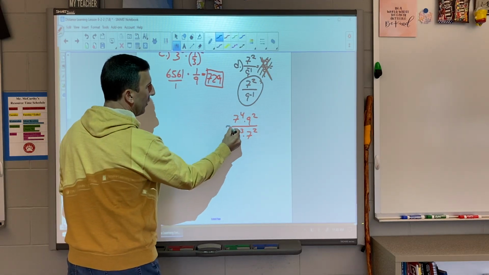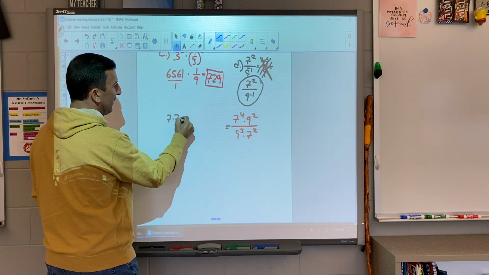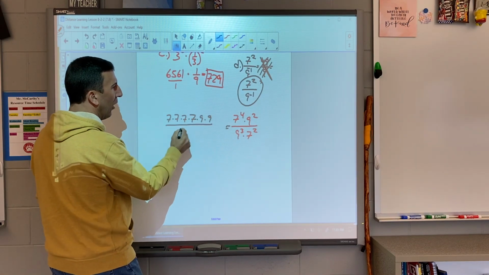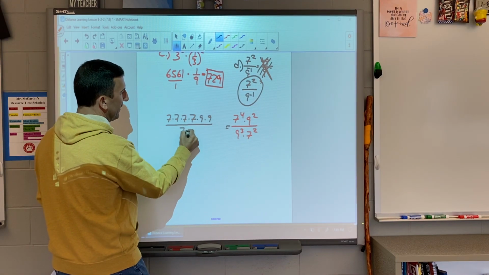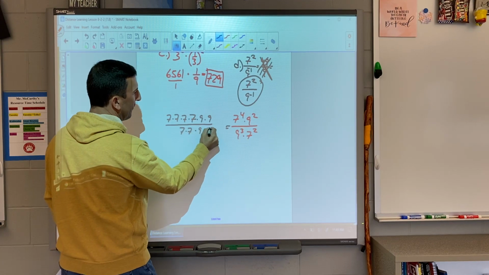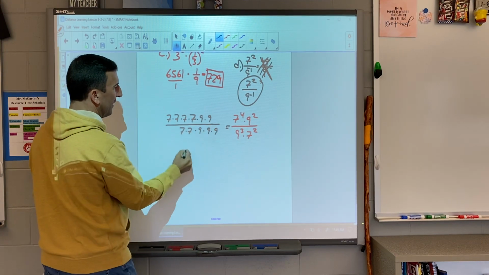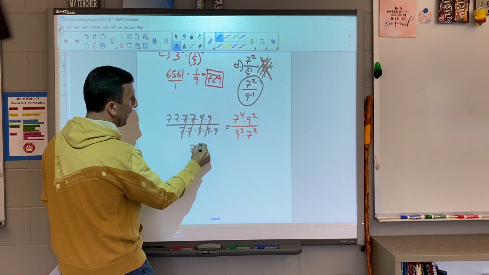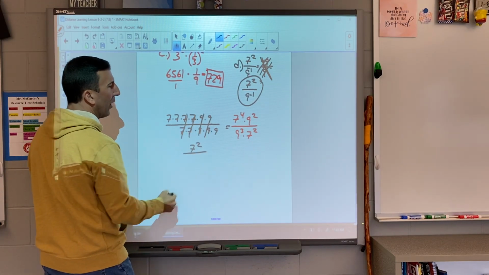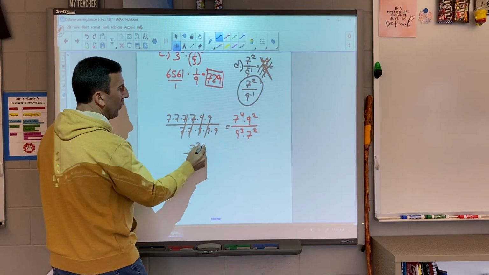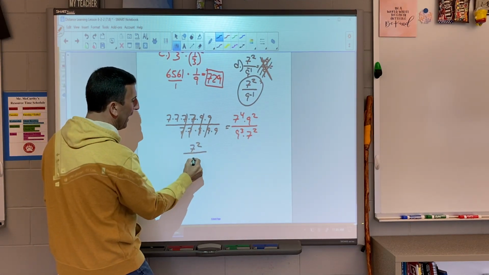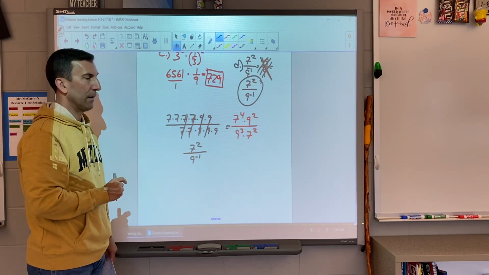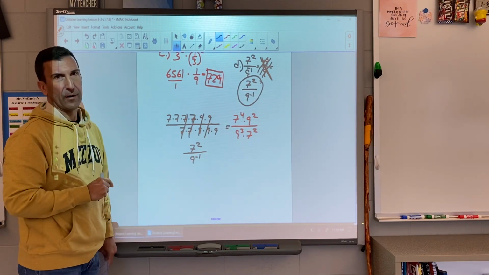This equals 7 times 7 times 7 times 7 times 9 times 9, all over 7 times 7 times 9 times 9 times 9. So the 7s, I have 2 7s left up there. I have a 9 down below, which, having a 9 down below with what's left, is what you are going to find out is called 9 to the negative 1st power. So this is where that comes from.